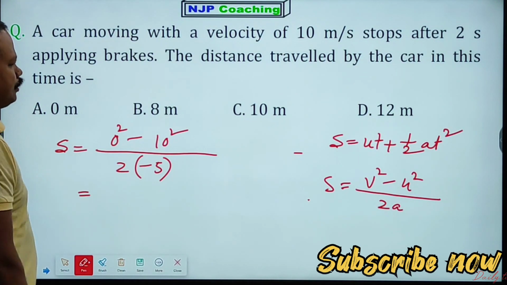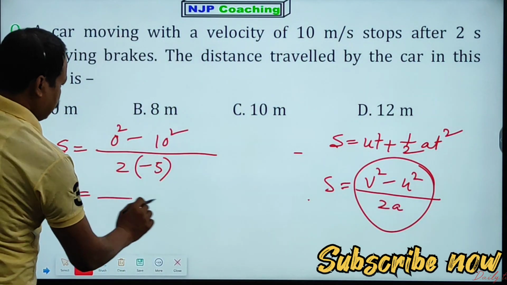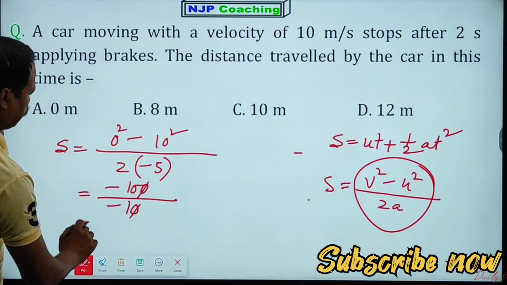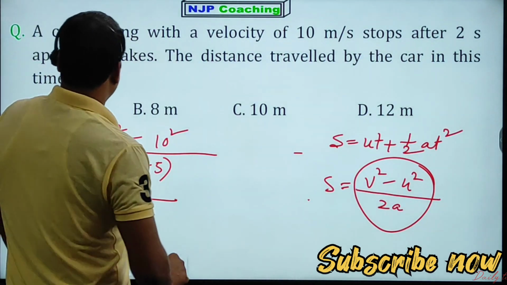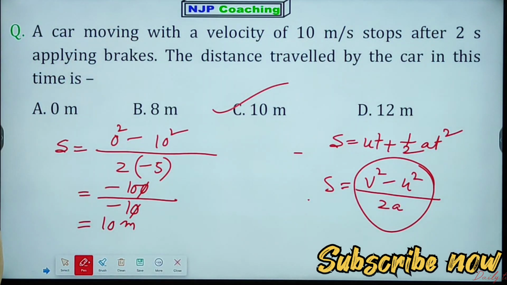So minus 100 by minus 10, the minus signs cancel, and it is 10 meter. Option C is the right answer.